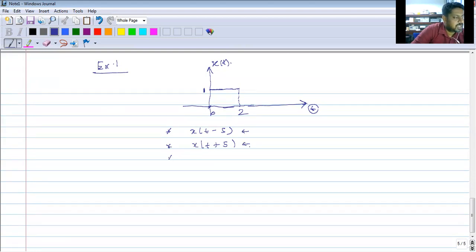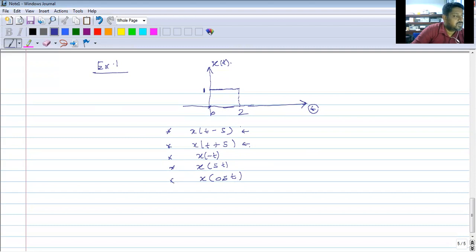We have to find x(minus t), and also x(5t), and also x(0.5t), likewise.